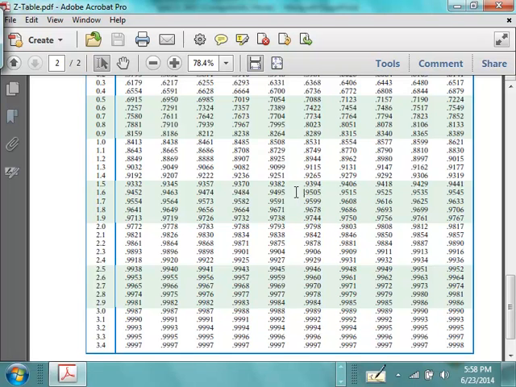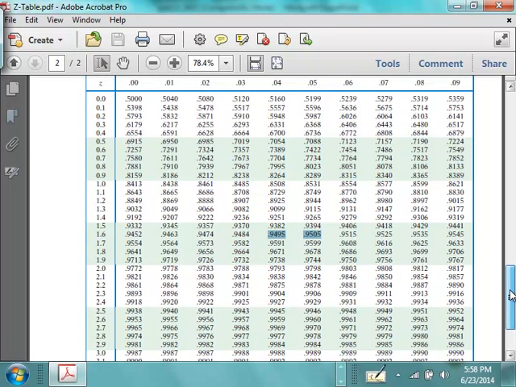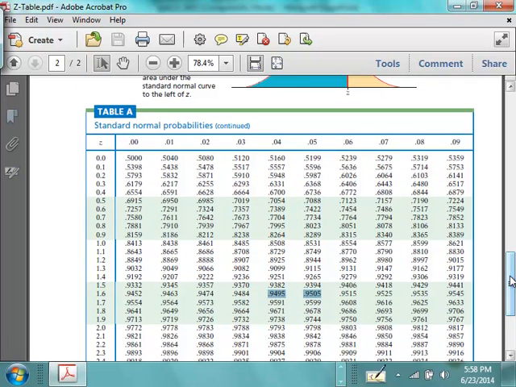And notice it's going to be right around here, about halfway in between these two probabilities. So look at the z-score to the left, which is 1.6, and then you could either go with 0.04 or 0.05. If it were me, I would say 1.645 to cut it right down the middle. Okay.